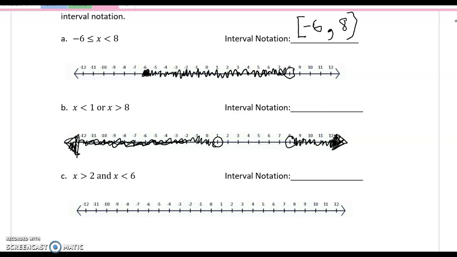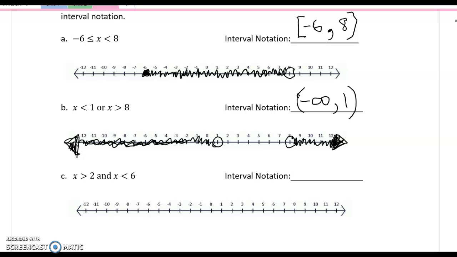Before we actually get to the interval notation, you notice that it is what I call a split graph. So that's going to match our interval notation. We're going to write an interval notation that is split just like this graph.